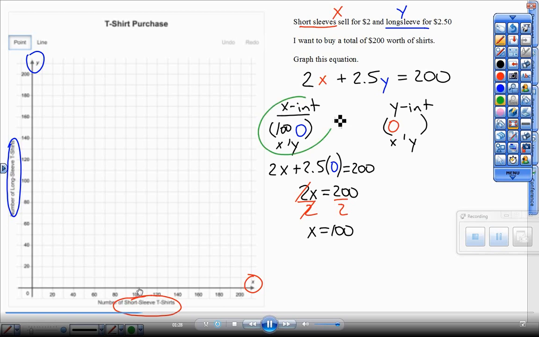The next one, plug in 0 not for y, but 0 for x, because at the y-intercept x is always 0. So 2 times 0 plus 2.5y equals 200. Divide by 2.5, and that will give you y equals 80.